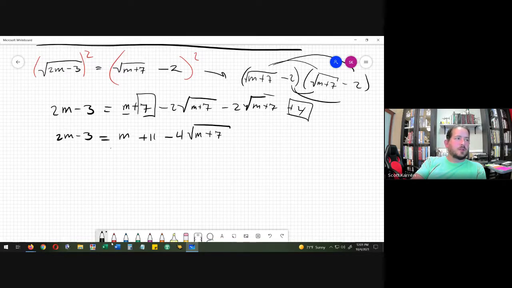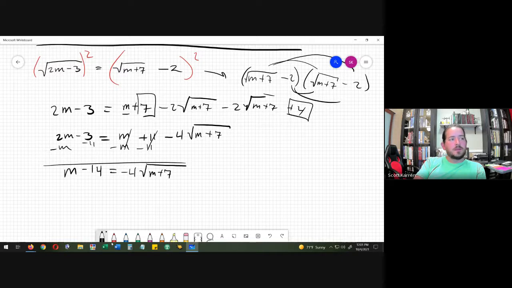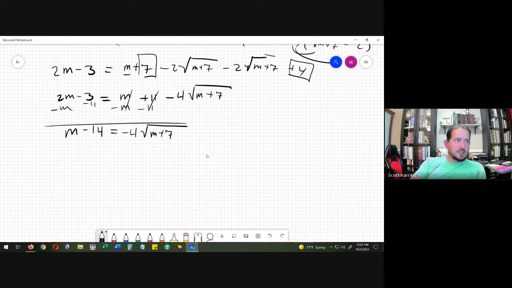If I move the m to the left and the 11 to the left, I get m minus 14 equals negative 4 root m plus 7. Now this is where it gets a little bit ugly, because I still have to square to get this out of here, right?